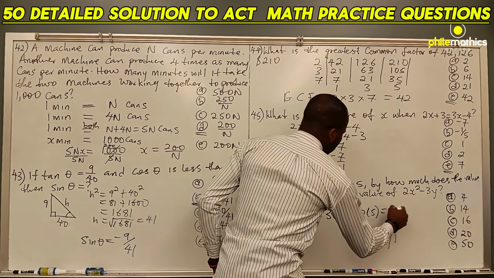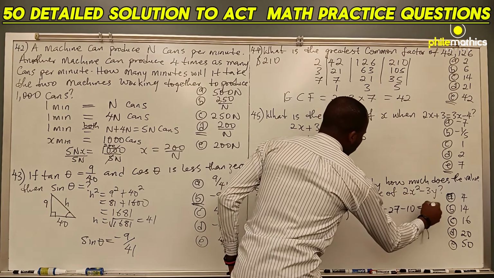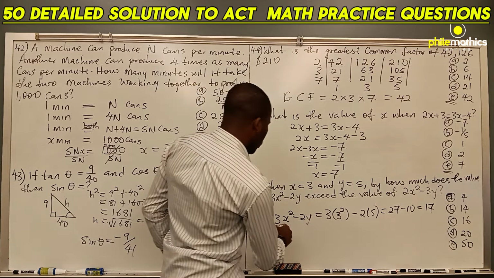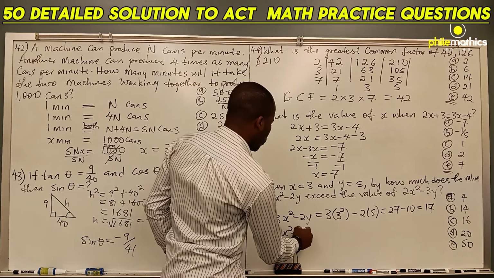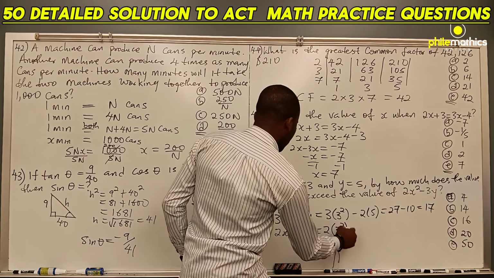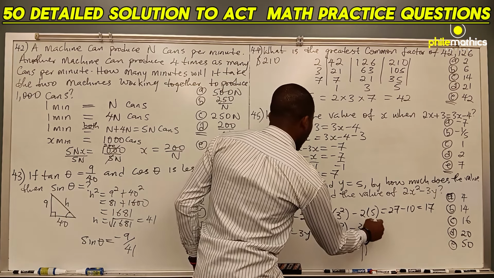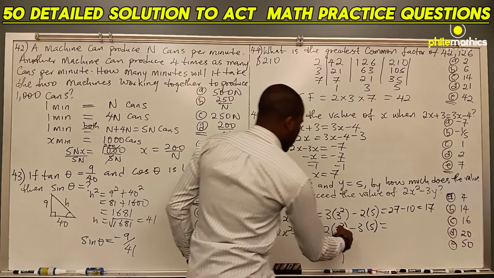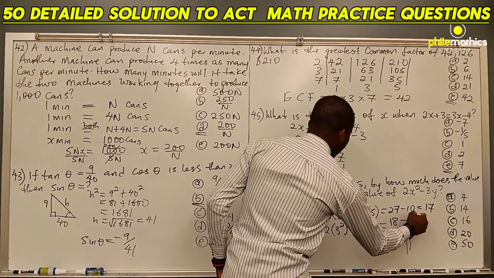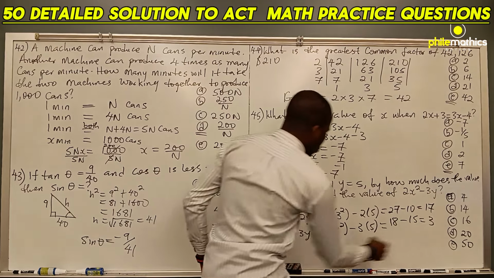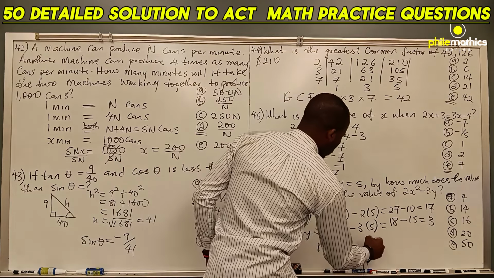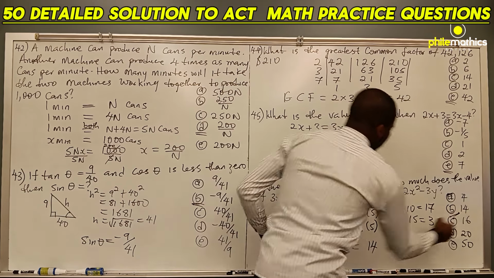So this is 27 minus 10, which is 17. And for this, 2x squared minus 3y equals 2 times 3 squared minus 3 times 5, 9 times 2, 18 minus 15, which is 3. So it differs by 17 minus 3, which is 14, which is B.